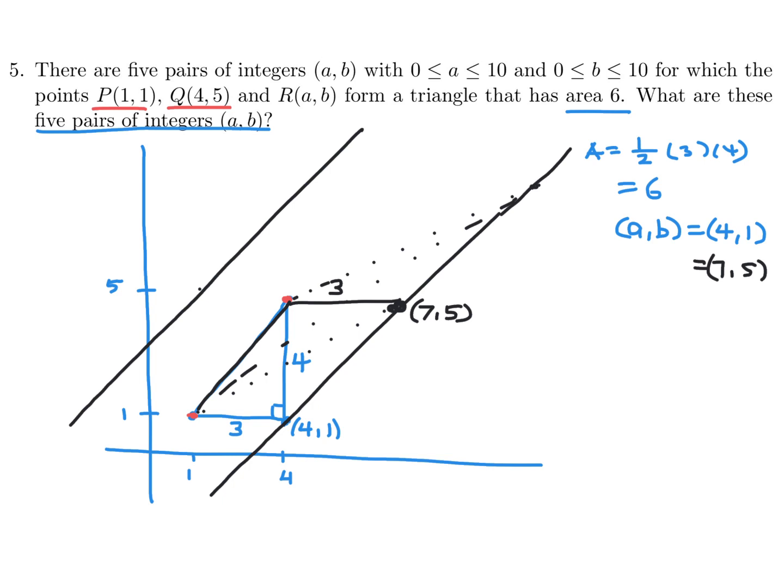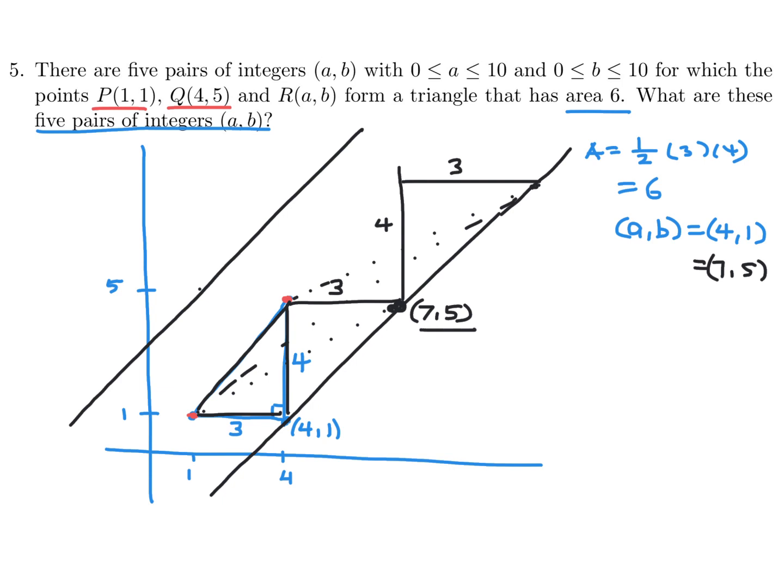So the base would still be 3 and the height would still be 4. So this point would have to be moving over, you have to go up 4 and go over 3.